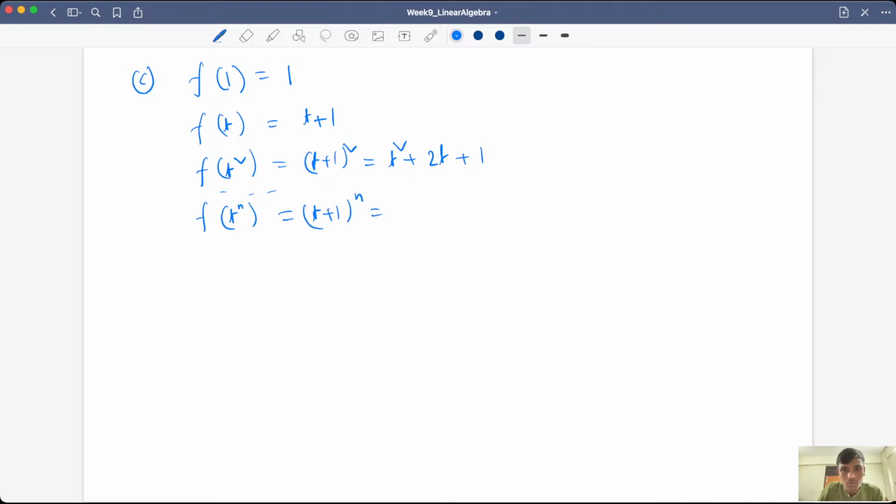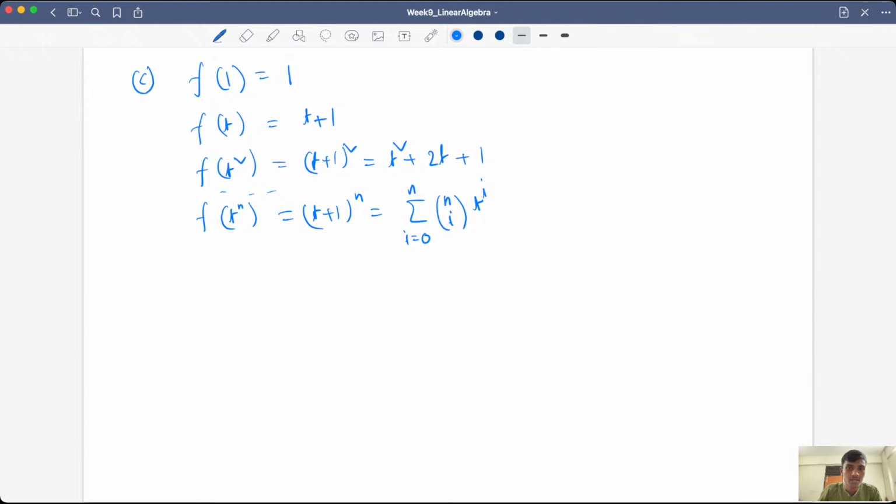So this you know by binomial expansion that this is the sum of n choose i times t^i, for i equal to 0 to n, right? So this you always have.